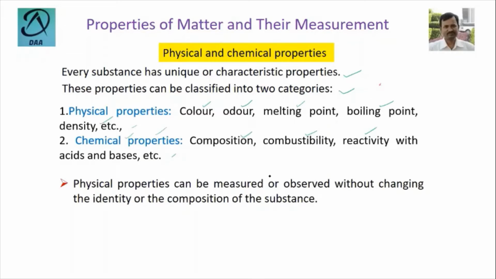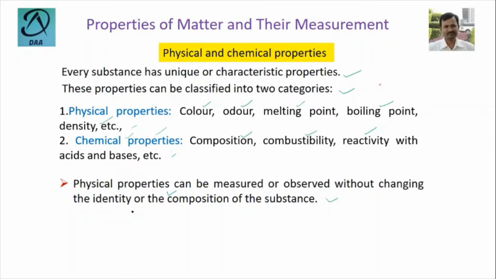Physical properties can be measured or observed without changing the identity or the composition of the substance. So you have to remember here that physical properties we can measure without changing the identity or composition of the substance.